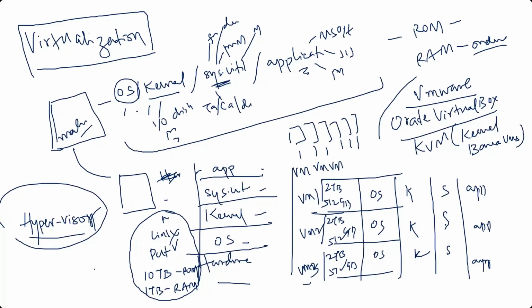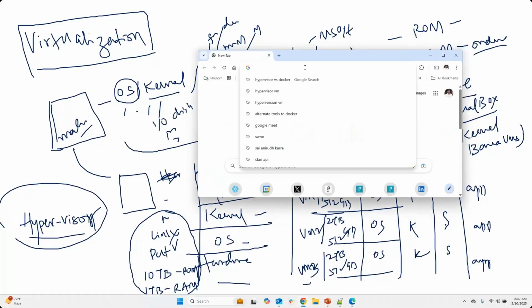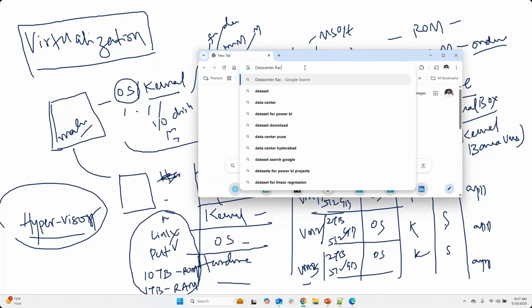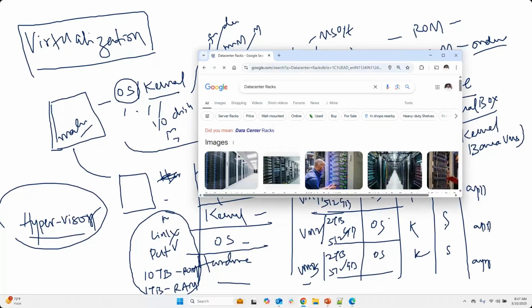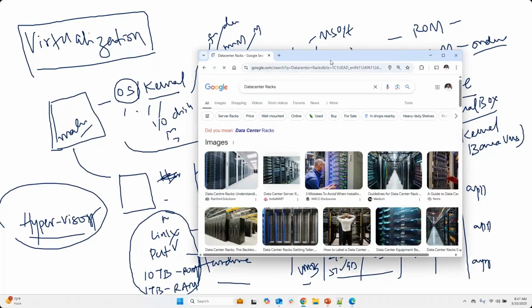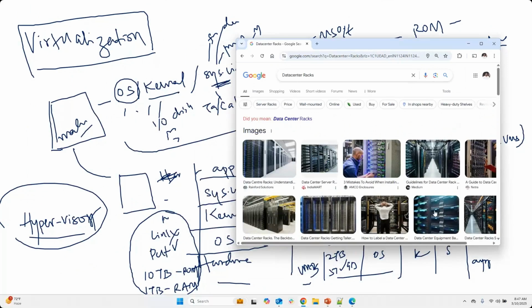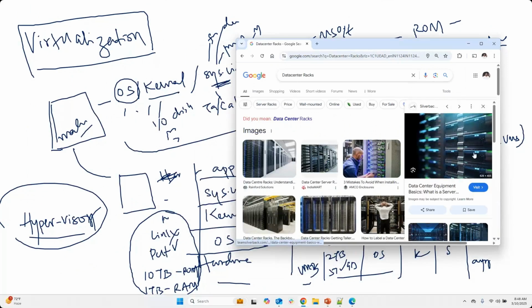Okay. How do the racks look? I'll show you. So these are typical data center racks. Okay. All you see over here are the CPUs, and they will have RAM and ROM.